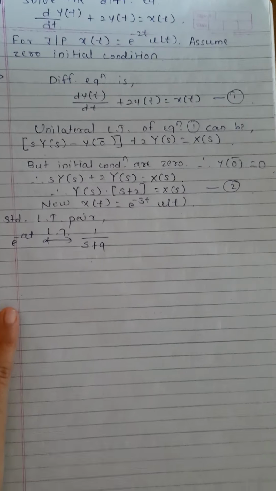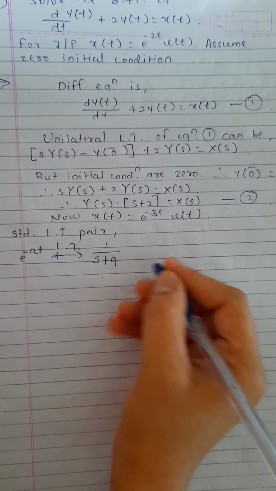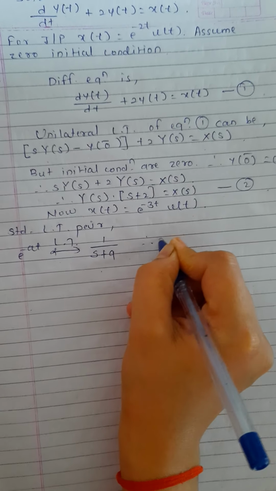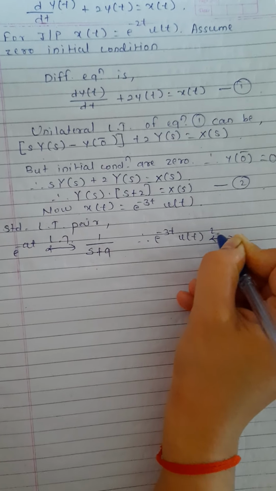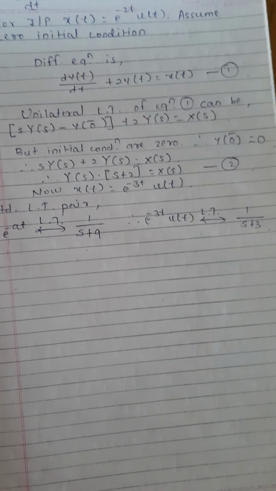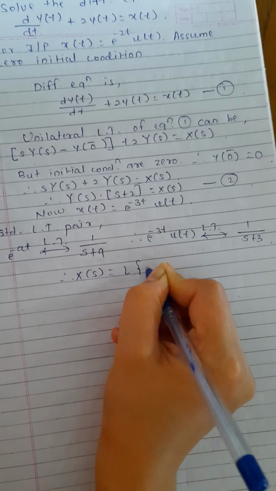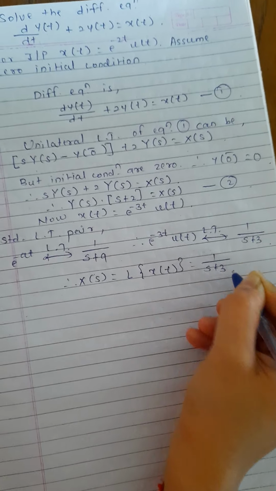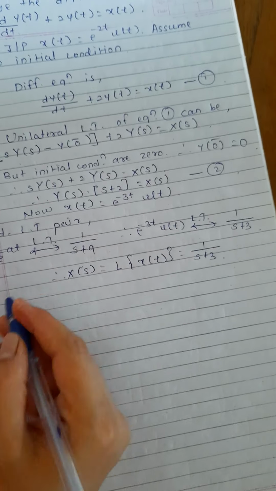Therefore e raised to minus 3t u of t, its Laplace transform is 1 by s plus 3. So we can write X(s) is equal to 1 by s plus 3. Now we put this value in equation number 2.